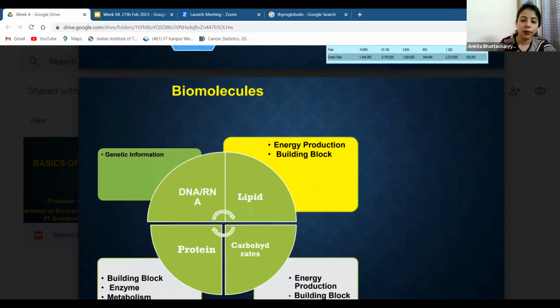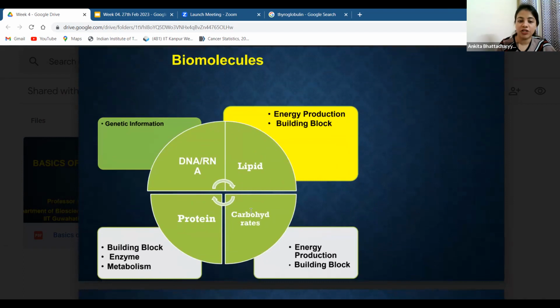So when we talk about biomolecules, majorly there are 4 different types, as you're already aware. The first is the nucleic acid, which can either be DNA or RNA, and that is majorly concerned with carrying the genetic material of an organism.